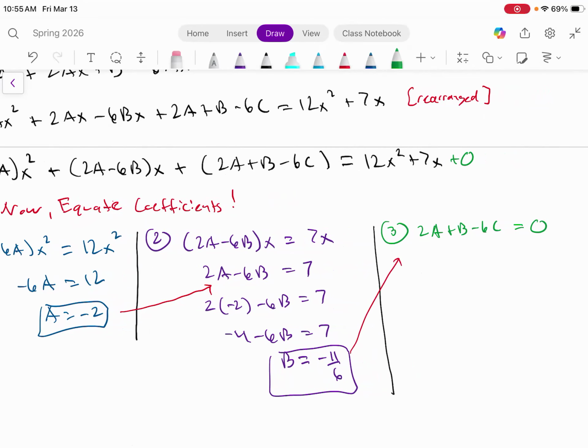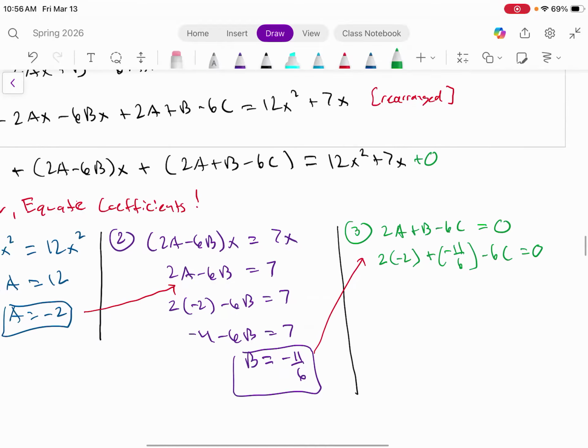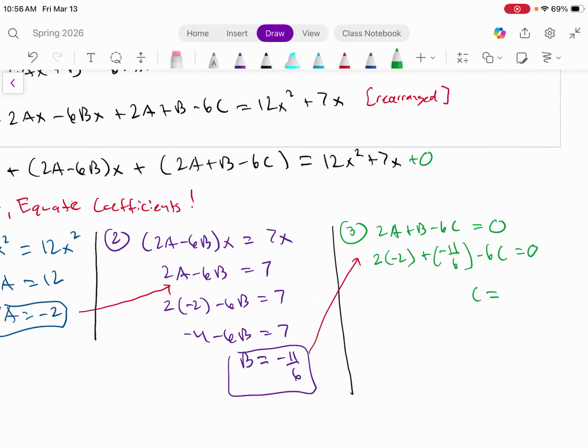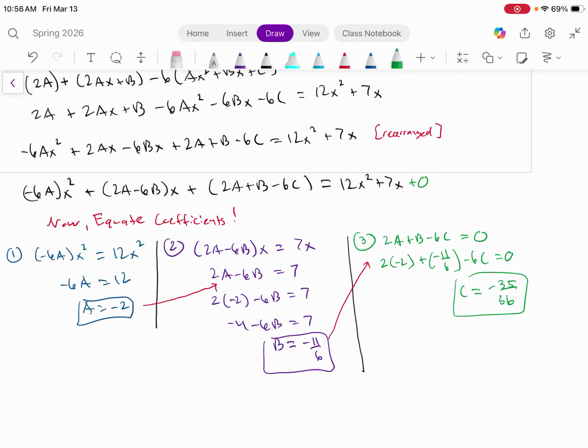So this would be 2 times negative 2 plus negative 11 over 6 minus 6c equals 0. And I'm going to fast track some of the algebra there, but what we end up with is c equals negative 35 over 36. Okay, so yeah, not the prettiest numbers for b and c, but hey, that's what they are. It's not the prettiest problem, but we get our coefficients that were undetermined.